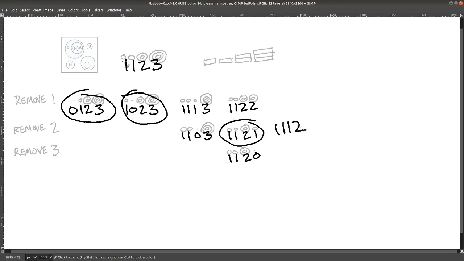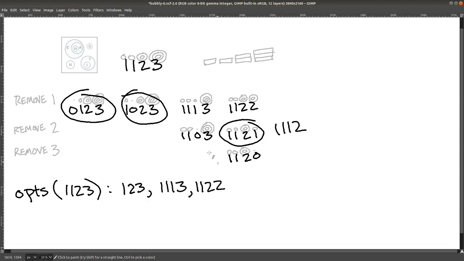And then when we have to go from 1, 1, 2, 3 to 1, 1, 1, 2, we'll have to think for a minute, okay, how does that happen? In this case, you pop 2 of the 3 to get this 1. This will make it easier to analyze the graph. So I'm going to write this as ops, as in the options you have from this state: 1, 2, 3. 1, 1, 1, 3. 1, 1, 2, 2. 1, 1, 3, again leaving out the 0. 1, 1, 1, 2.